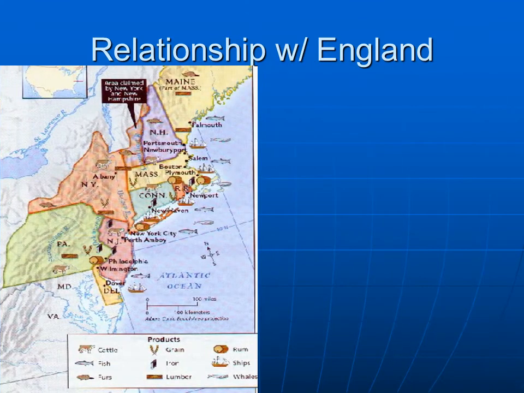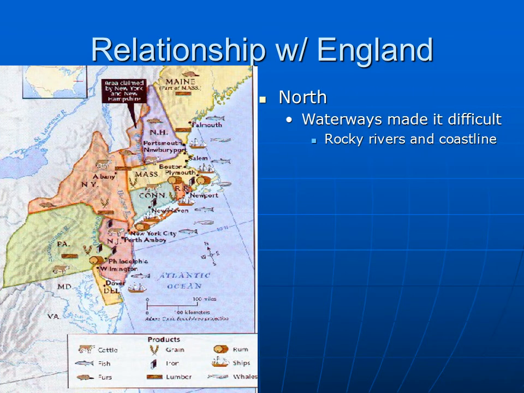On the flip side, you have the northern colonies, the New England area. In the north, their waterways are very rocky. The rivers are not very navigable, and they run north to south. So if you live off those rivers, you're not really getting a good connection with the old country.